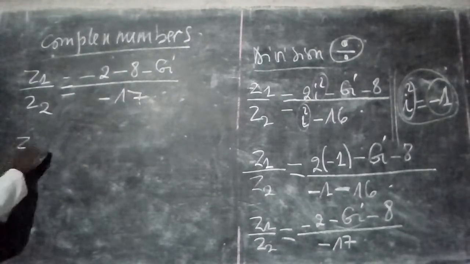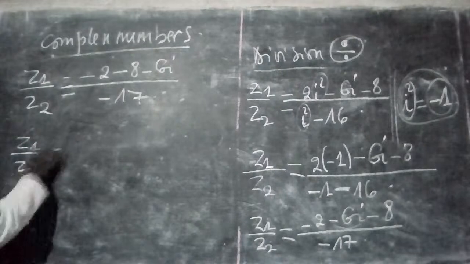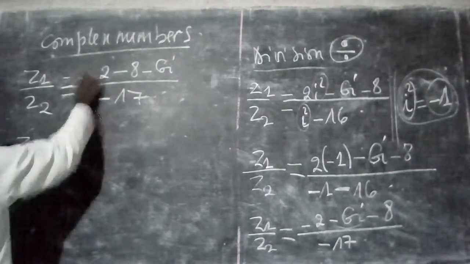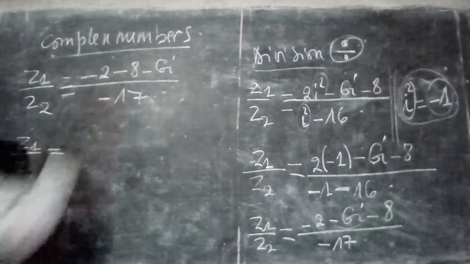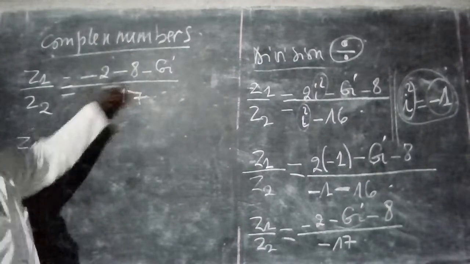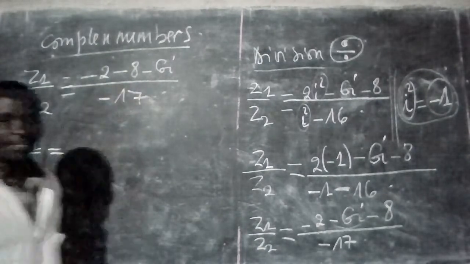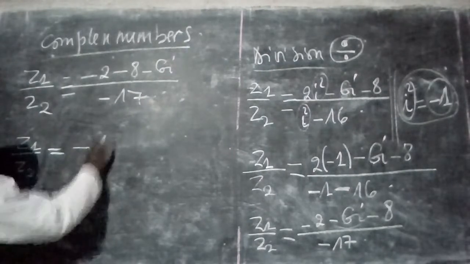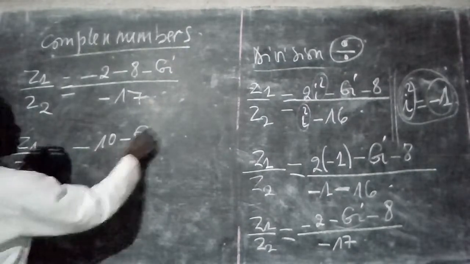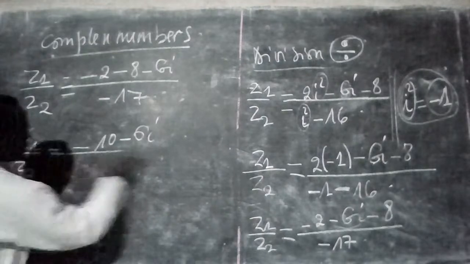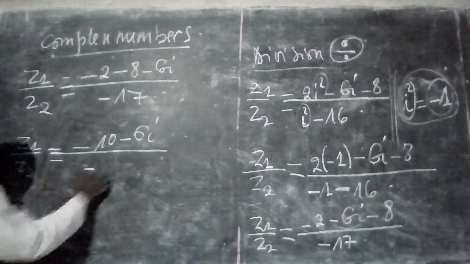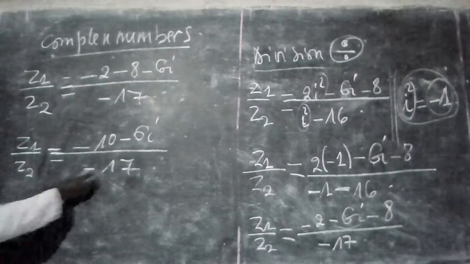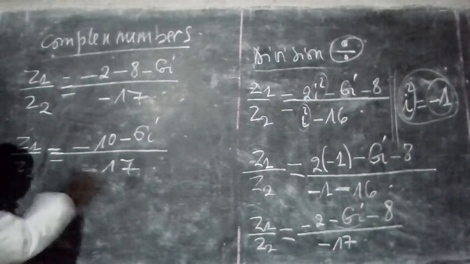It is Z1 over Z2, which is, we have the same signs, minus minus. We have to add those 2 numbers and write a sign among those 2 signs. It is minus 10 minus 6I over minus 17. Yes? Now here we don't need this minus here.